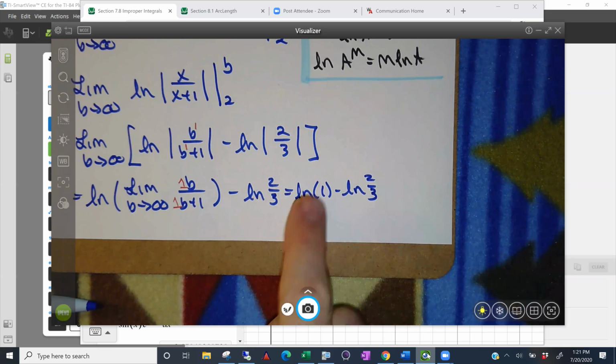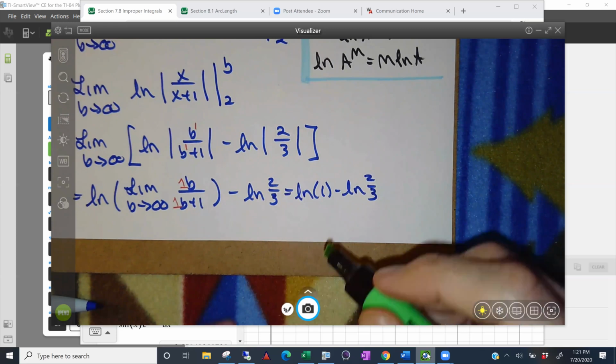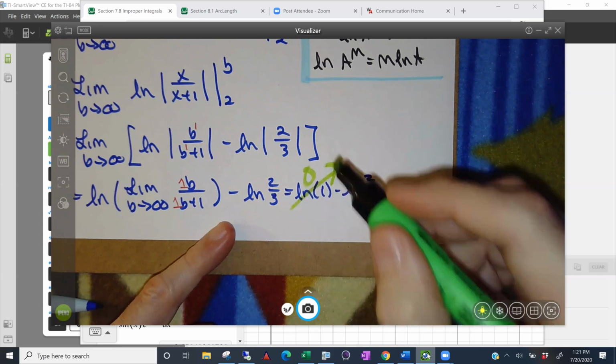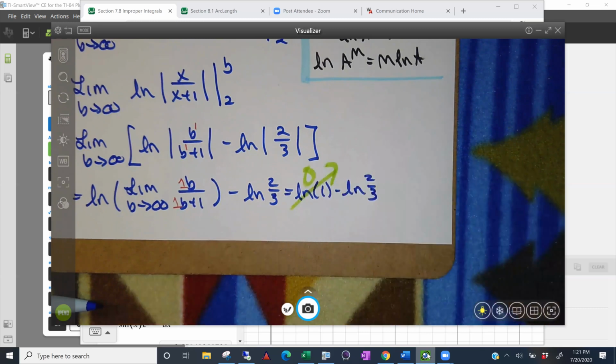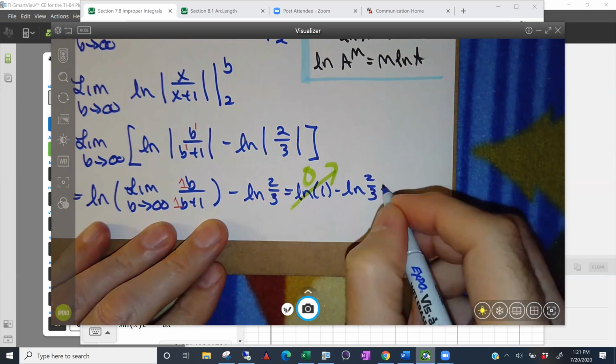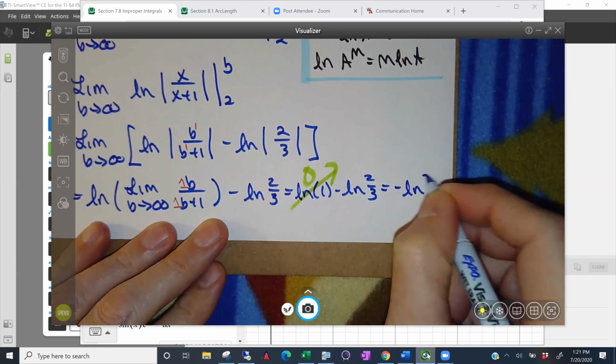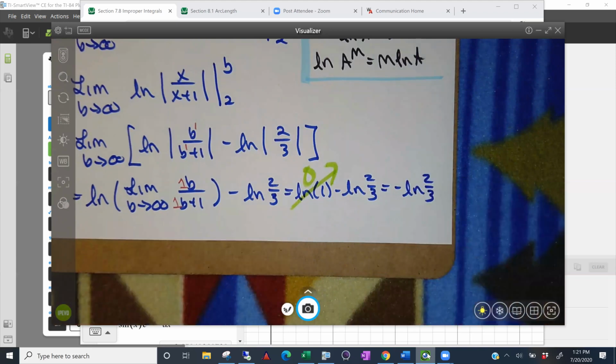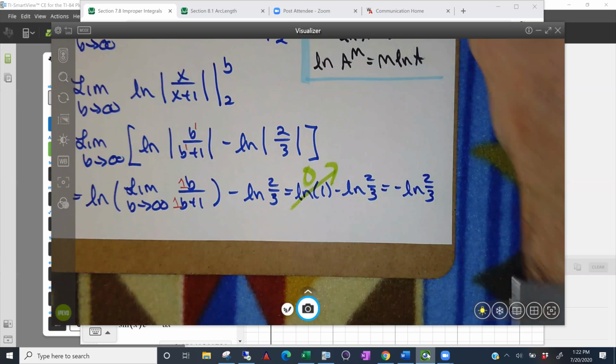Some help with the ln of 1? 0. Yay, 0. Thank you. Now, what I'm left with is minus the ln of 2/3. I'm going to stick with that for a second.